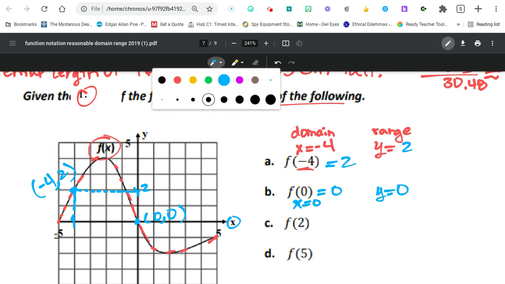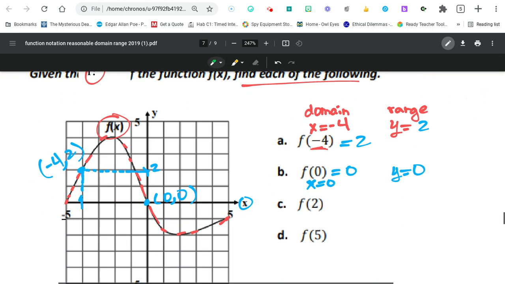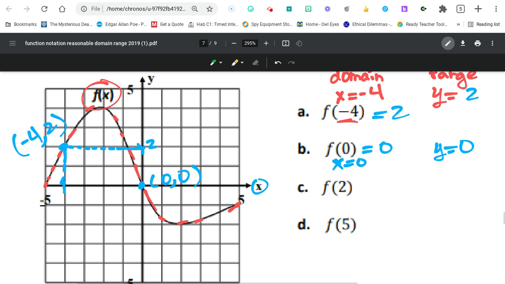All right, and then next it says find f of 2. So when my x is 2, that's that point right here. It has an x of 2, but it has a y of -2. So f of 2 is -2.